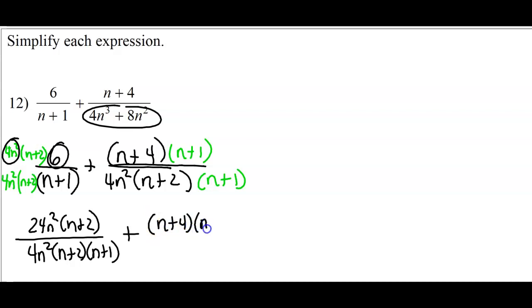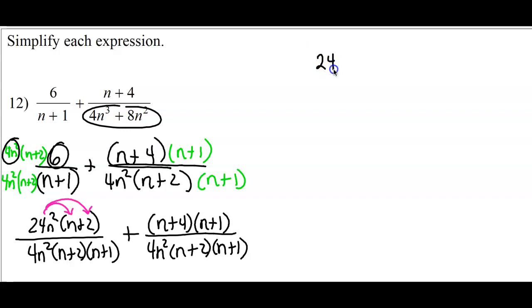I'm just going to rewrite it. Okay, so for the one over here on the left, we need to distribute in the 24n squared. So let's do that. If I distribute that into the parentheses there, I would end up with 24n cubed plus 48n squared.